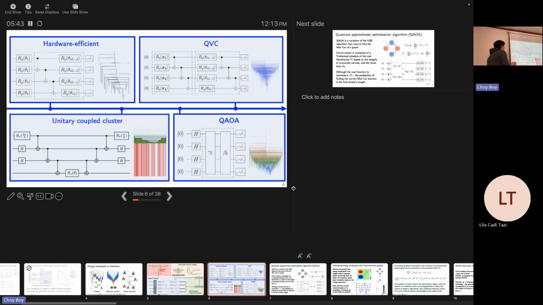The earliest example is the hardware efficient ansatz, which is problem agnostic, but quite efficient when it comes to encoding in the NISQ era. Then I've looked into unitary coupled cluster and QAOA problems, where for QAOA we aim to solve the max cut problem in combinatorial optimization.